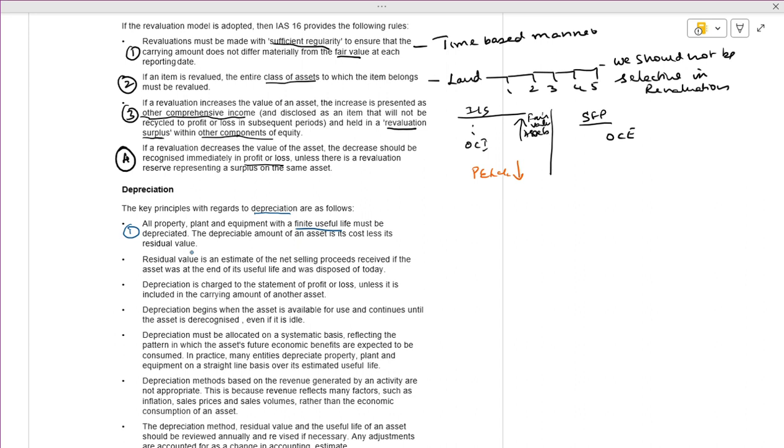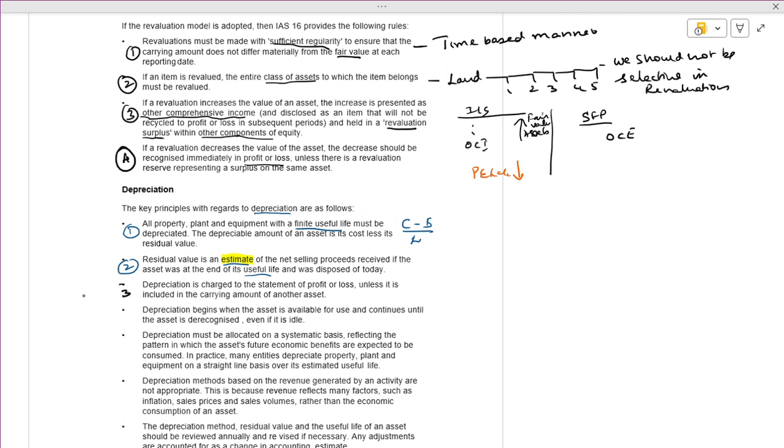That means cost minus scrap divided by life. This is the basic one. The residual value is only an estimate of the net selling price. We are estimating what the residual value will be at the end of its useful life, as if disposing of it today. In general, the residual value is an estimate.